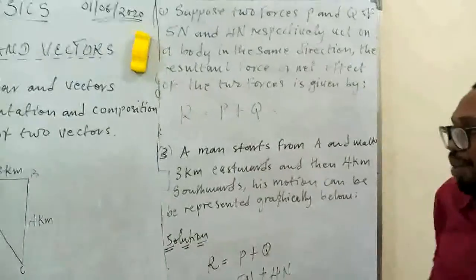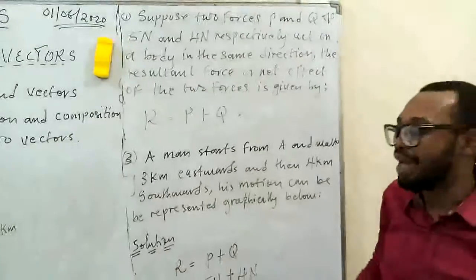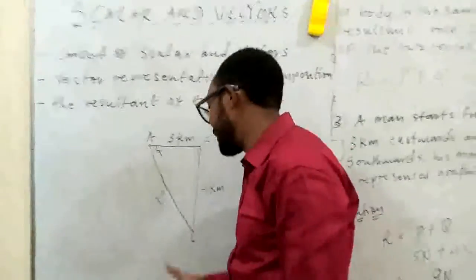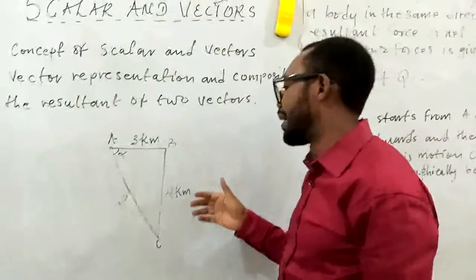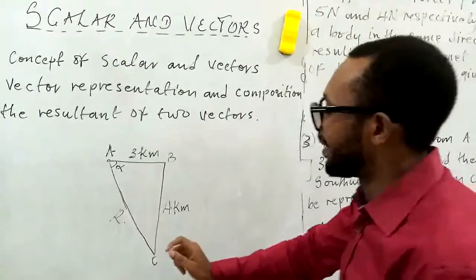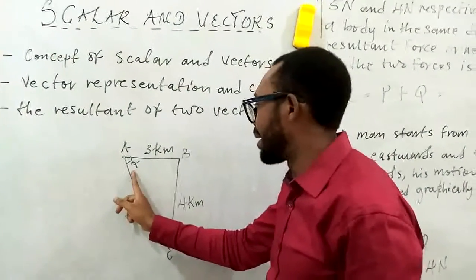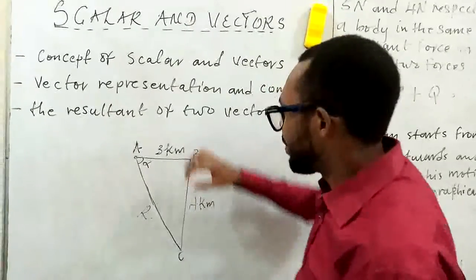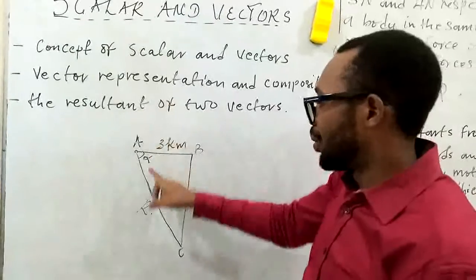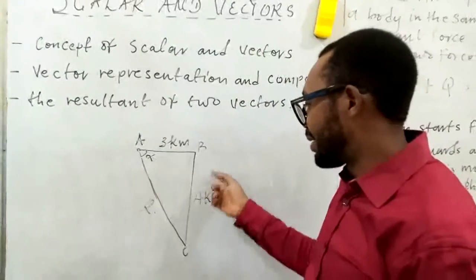Pythagoras Theorem, we call it Scalar. Here you have the opposite, the adjacent, the hypotenuse, and so on and so forth. Now, if there's an angle here, automatically this becomes what? The adjacent, right? To this angle. Whereas this is what?